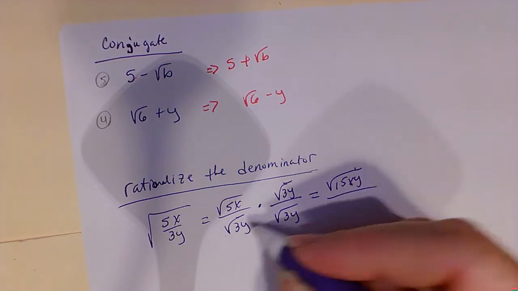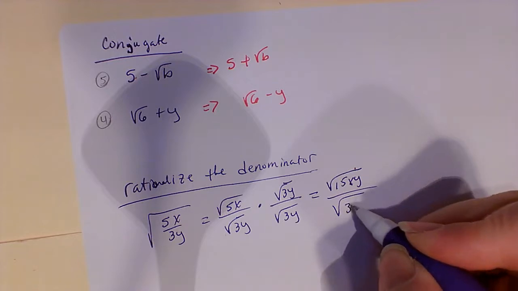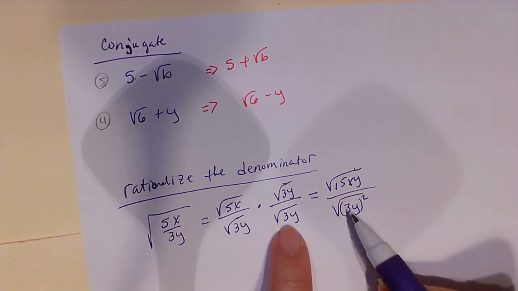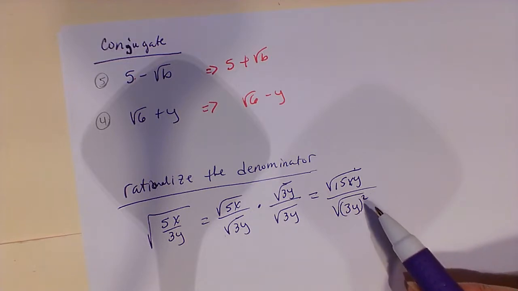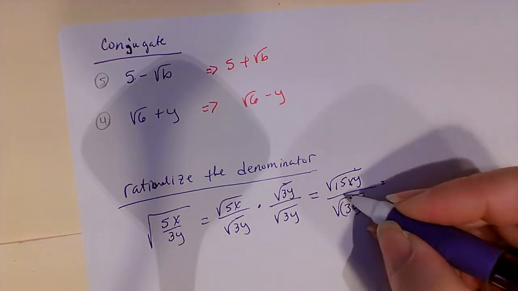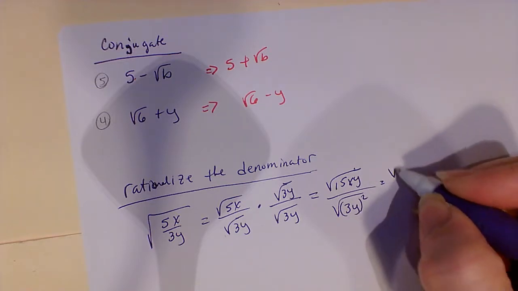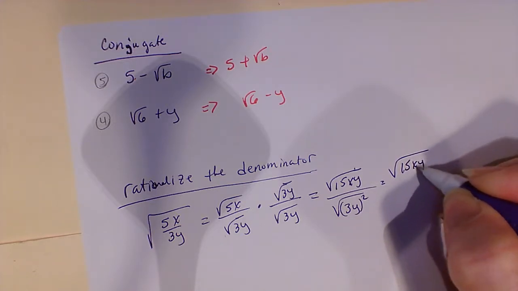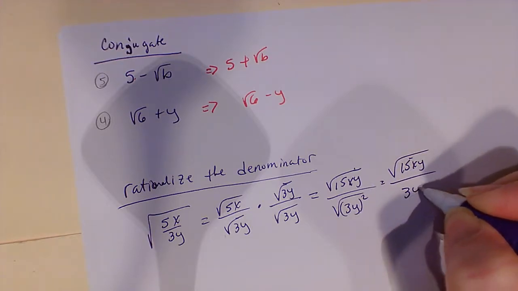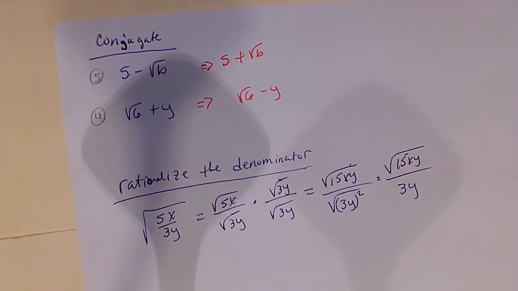In the denominator, we have the square root of 3y squared. We have 3 squared because we have 2 of those, and y squared because we have 2 of those. That creates a square root of something that's squared, which will get us 15xy, because the top won't reduce at all, over 3y. And that's all you have to do on that problem.